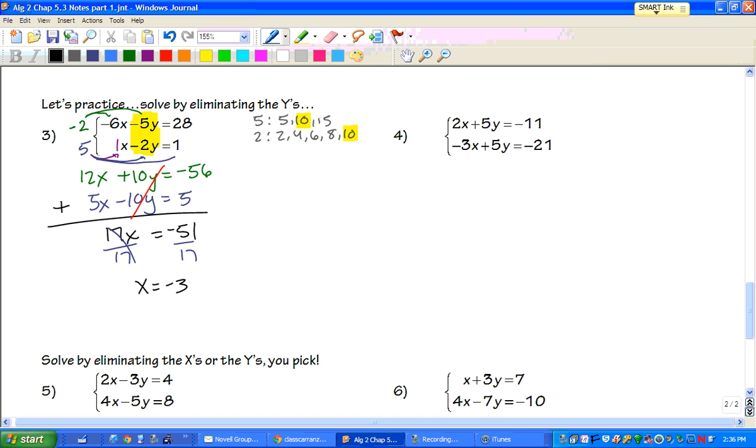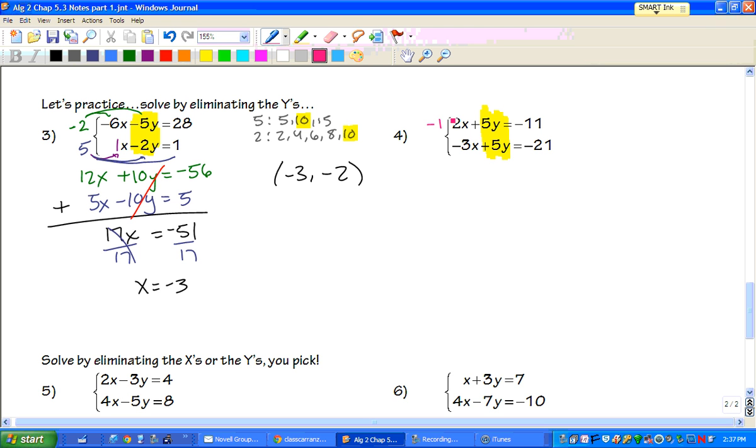Okay? And now you would plug back in. You can pick any one. It doesn't really matter, but you should get negative 2. Right now, I just want to practice on canceling out the y's. Now, we have the same number. Both of those are 5, so you just need to multiply one of them, doesn't matter which one, by a negative.